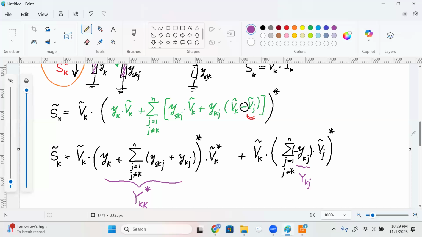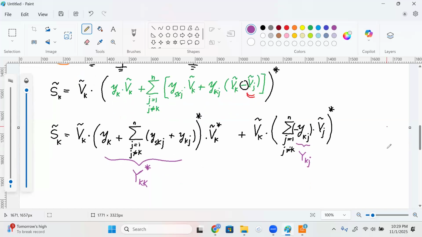Now, I have a VK here and here. Once it's multiplied by YKK conjugate, VK conjugate, next it's going to be multiplied by YKJ. Again, there's a conjugate here. So YKJ conjugate and VJ conjugate, assuming that J is not equal to K.